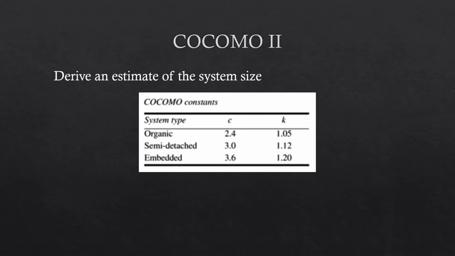depended on whether the system could be classified as organic systems, semi-detached systems, or embedded systems. Boehm classified the system as an organic, semi-detached, or embedded system. This related to the technical nature of the system and the development environment.